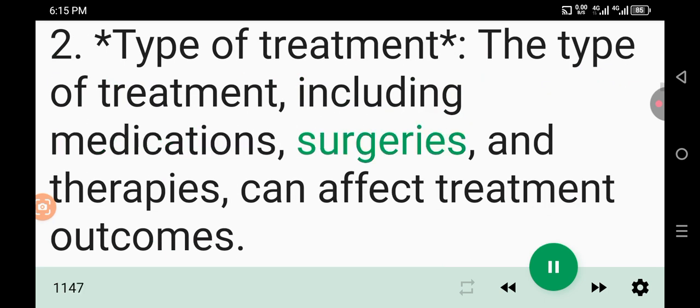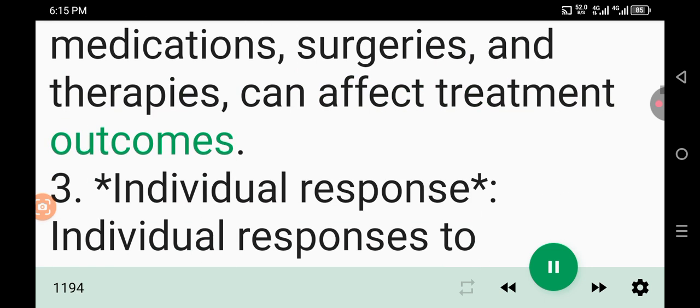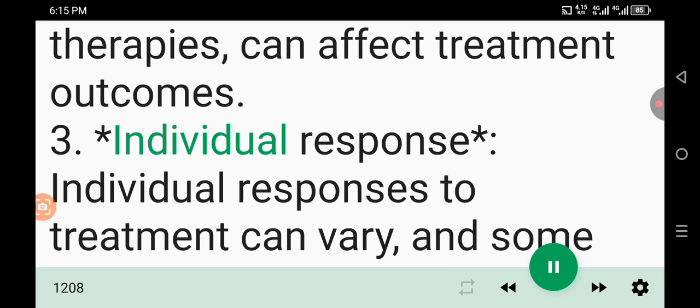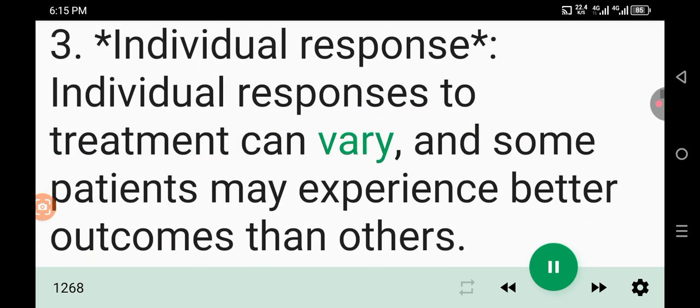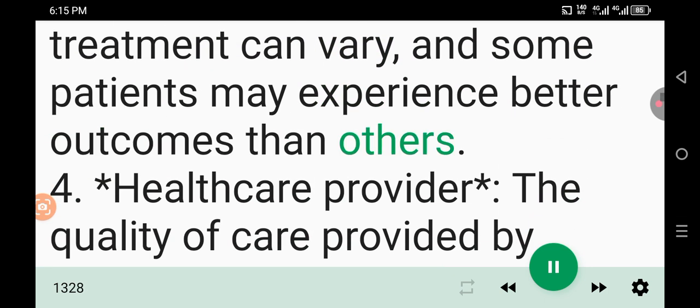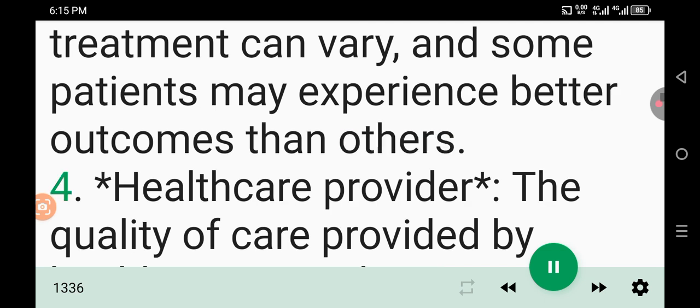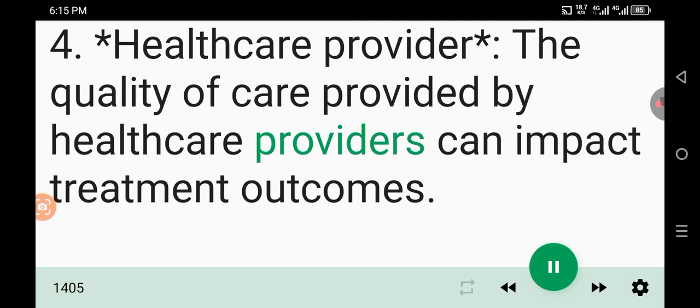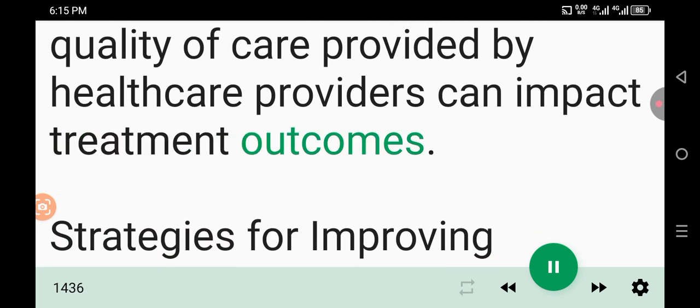The type of treatment, including medications, surgeries, and therapies, can affect treatment outcomes. 3. Individual response. Individual responses to treatment can vary, and some patients may experience better outcomes than others. 4. Healthcare provider. The quality of care provided by healthcare providers can impact treatment outcomes.